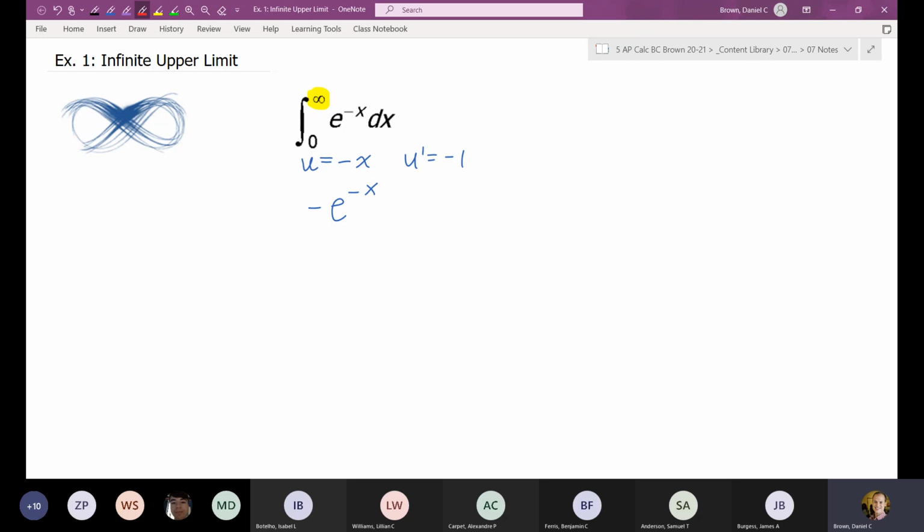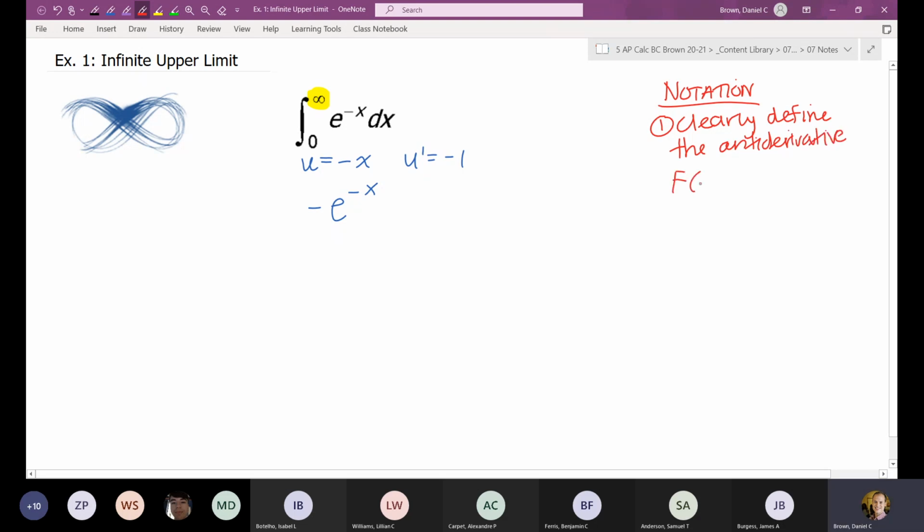And here's where I do want to talk about some of the notation that is going to be important that we are going to have to show clearly. We are going to want to clearly define the antiderivative, and we're going to do that by using the capital F of x notation is equal to the antiderivative.